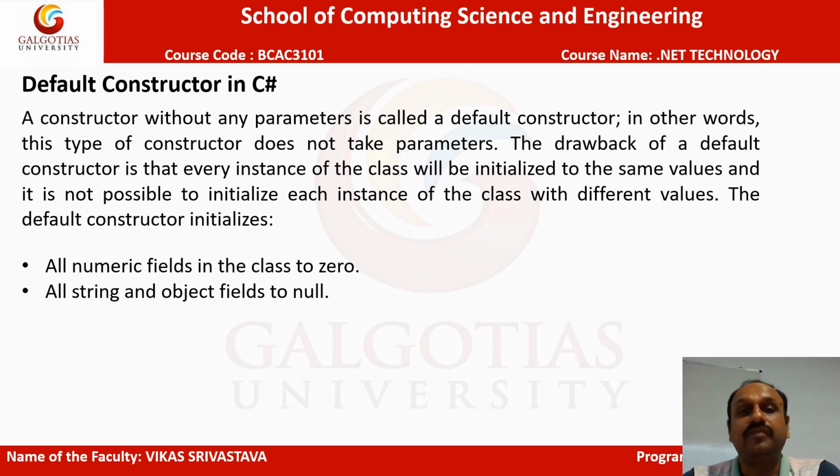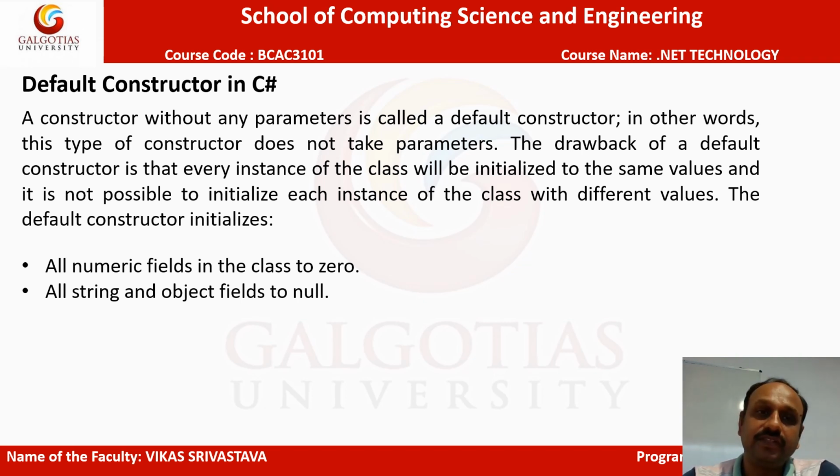If you have not declared any value, by default the compiler will assign the value 0 for numeric fields and null for string fields. That is one of the drawbacks, that for each and every instance of that class the values will be the same.